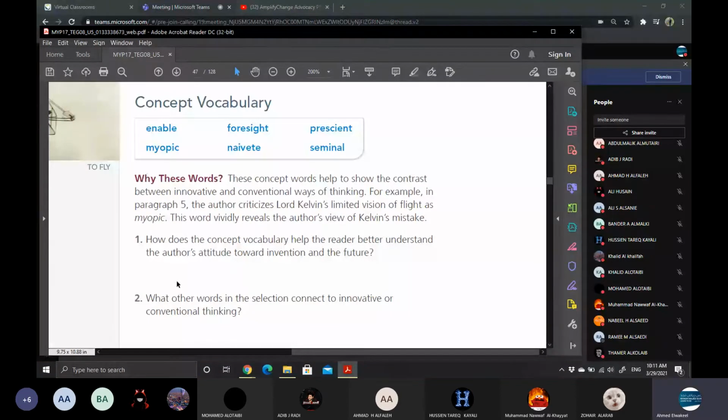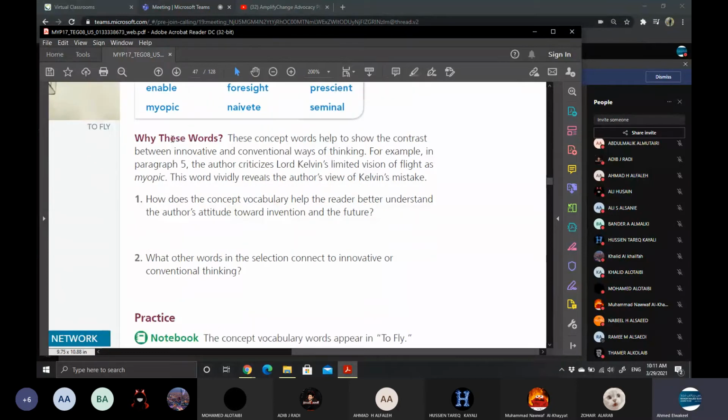Of course, we have some concept vocabulary like apt, foresight, personate, myopic, naivety, and seminal. Why these words? Of course, these concept words help to show the contrast between innovative and conventional ways of thinking. For example, in paragraph number 5, the author criticizes Lord Kelvin's limited vision.